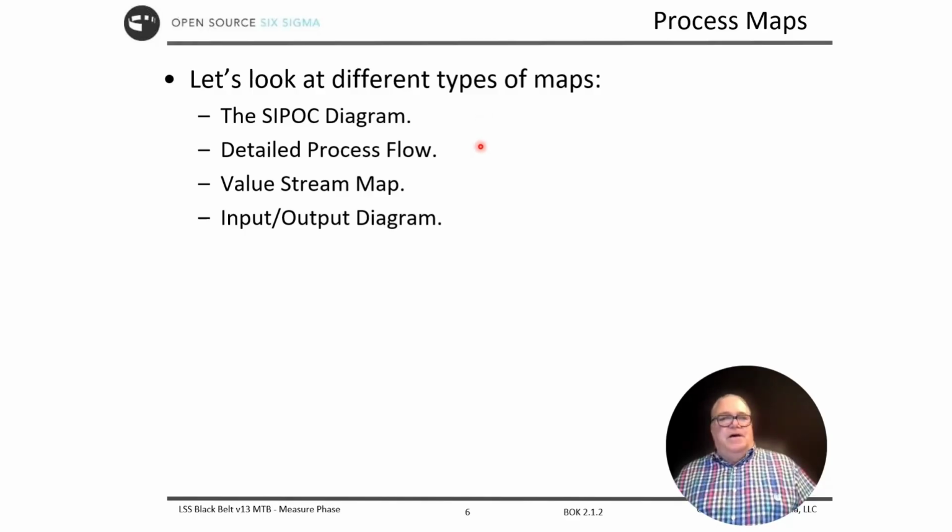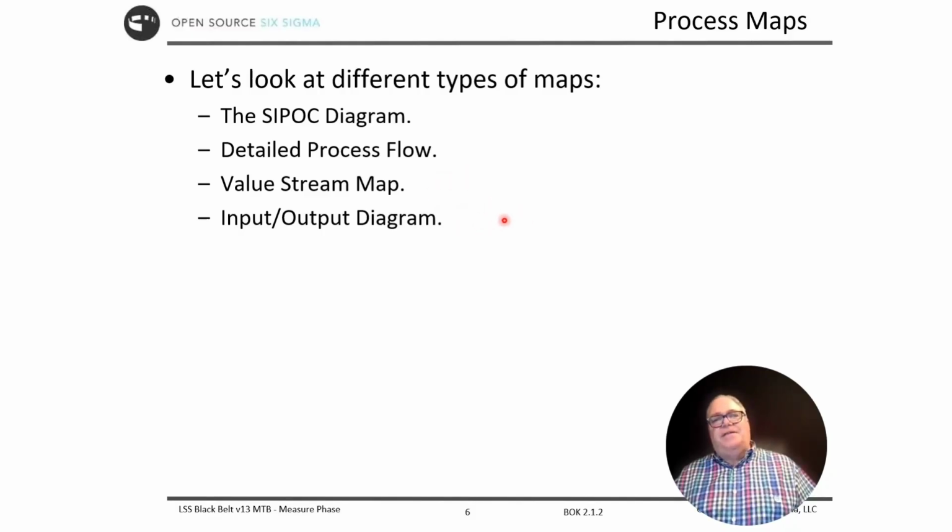We'll look at a few different detailed flowchart techniques, and you can use the one you prefer, or what I typically do is mush them all together so that I get the maximum amount of information on my flowchart. We're going to show you how to add value, non-value to the map.